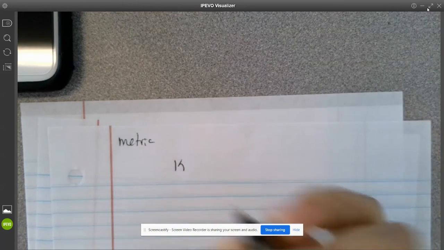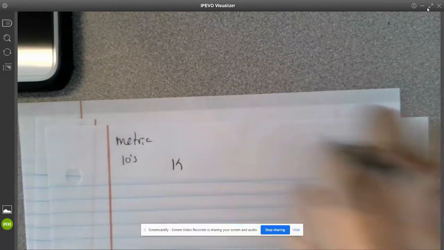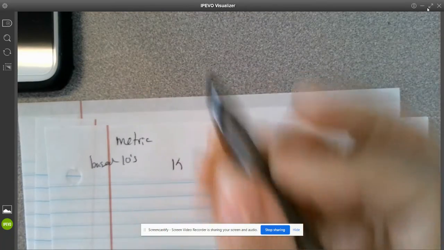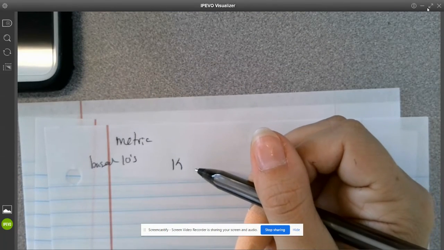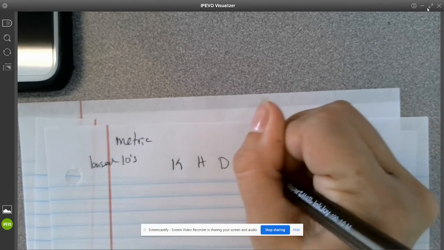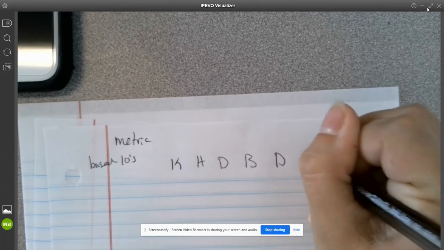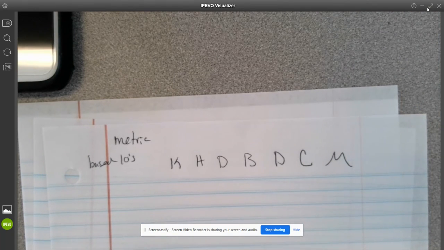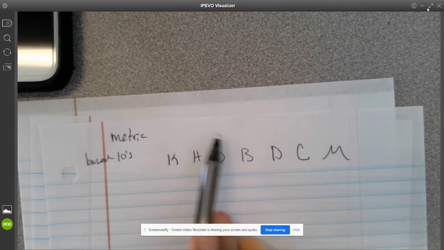The metric system is based on tens. And we're looking at King Henry died by drinking chocolate milk. That's an easy way to kind of remember our metric system.